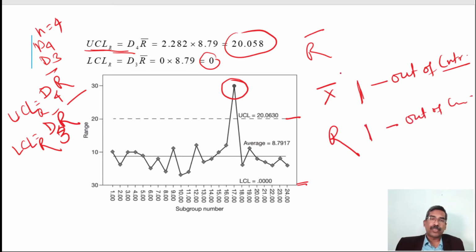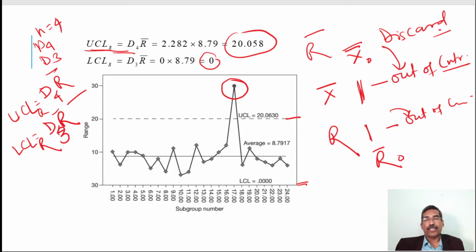So we have to discard this value to find the X bar new, that means X double bar new. And again you will have to discard this subgroup in calculation of the new value of R bar. No, don't discard these subgroups in the R chart, and don't discard this subgroup in the X bar chart.